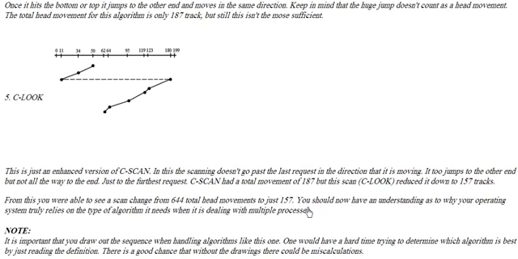So you should know now that we have an understanding of why the operating system relies on the type of algorithm, depending on the requirements, when it's dealing with multiple processes. Final note here: it is important that you draw out the sequence when you're handling algorithms like this one, because with a visual representation you can see everything and how it's going.